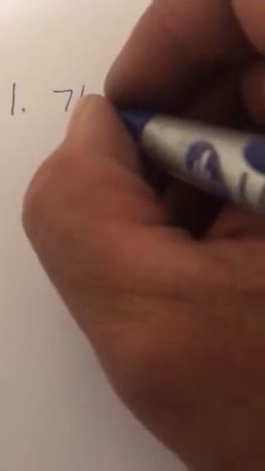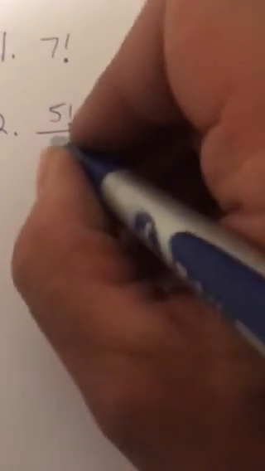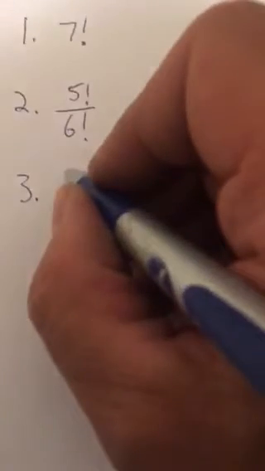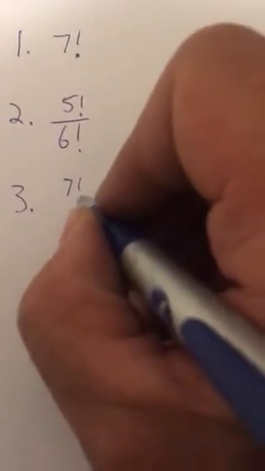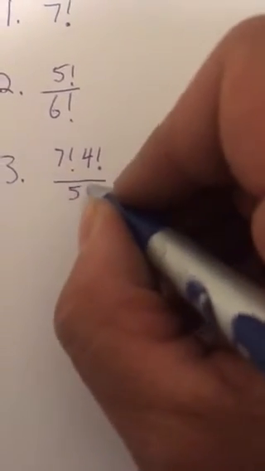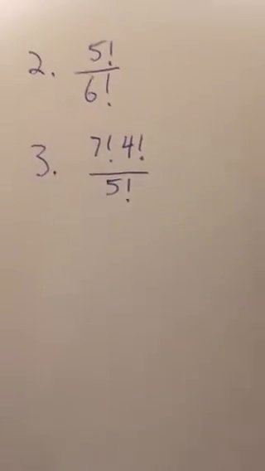Okay, so some practice problems for our assignment. So the first one we'll just do 7 factorial. The second one, 5 factorial divided by 6 factorial. The third one, 7 factorial times 4 factorial divided by 5 factorial.